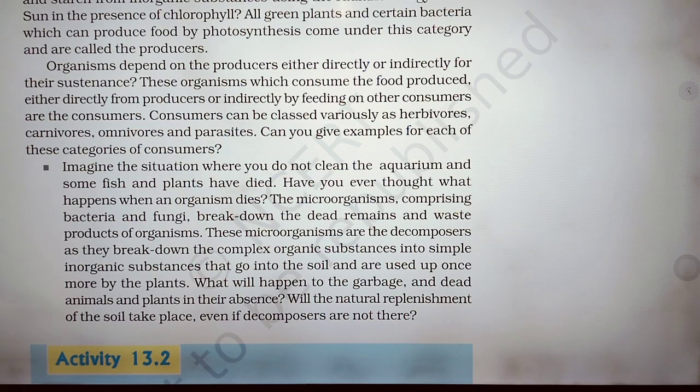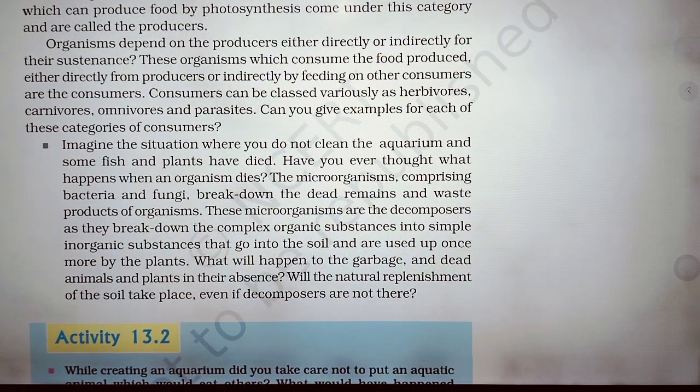So consumers are divided into four parts: herbivorous, carnivorous, omnivorous, and parasites. Can you give examples for each of these categories of consumers?